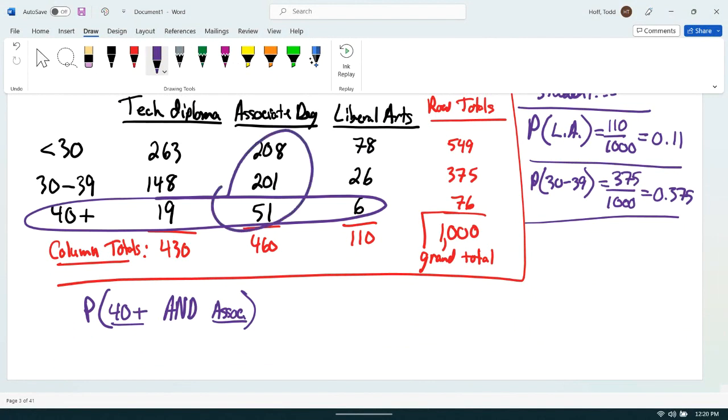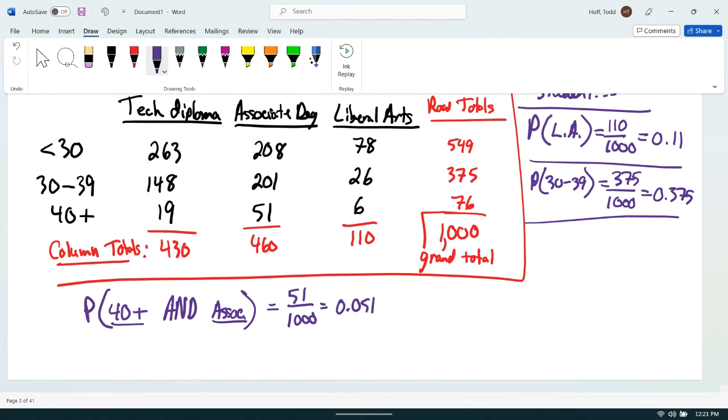Here are the students that are associate degree. We only care about the ones that are both, those 51 there. There's 51 out of 1,000 total. That's a 0.051 probability. Remember, it had to meet both conditions. So it has to be both 40 plus and associate degree, which is the 51 students.